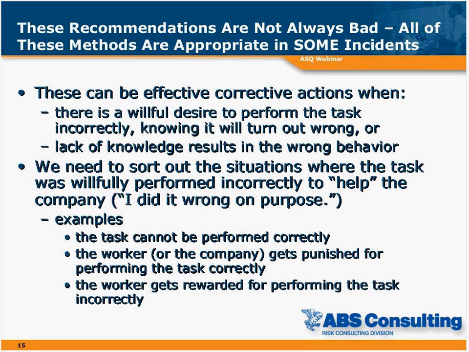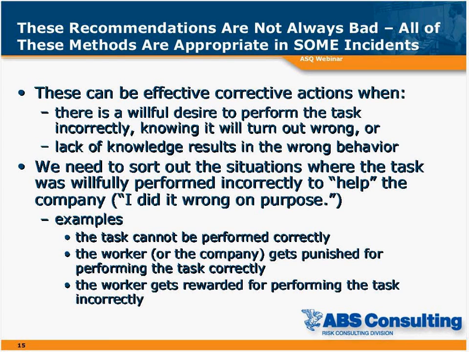Now, consider the situations where the task was willfully performed incorrectly to help the company. I did it wrong on purpose, okay? Because I'm positive that the task cannot be performed correctly the way they teach me to do it. The worker or the company gets punished for performing the task correctly.